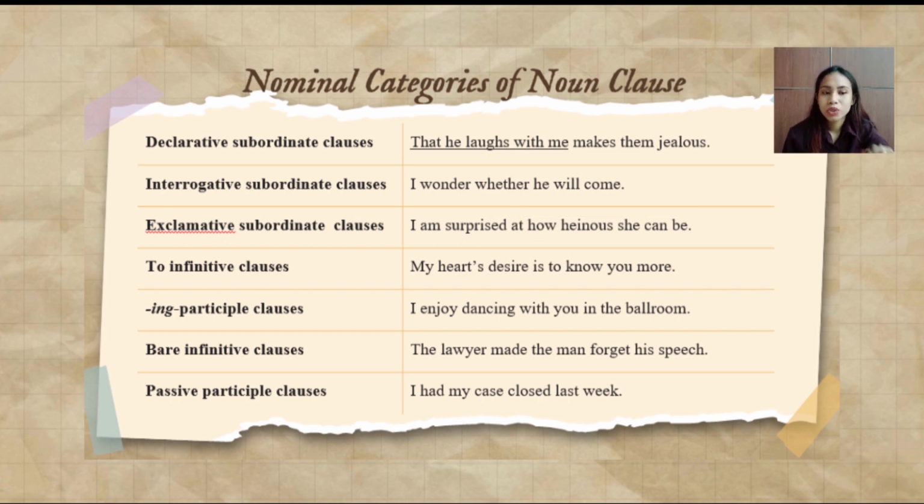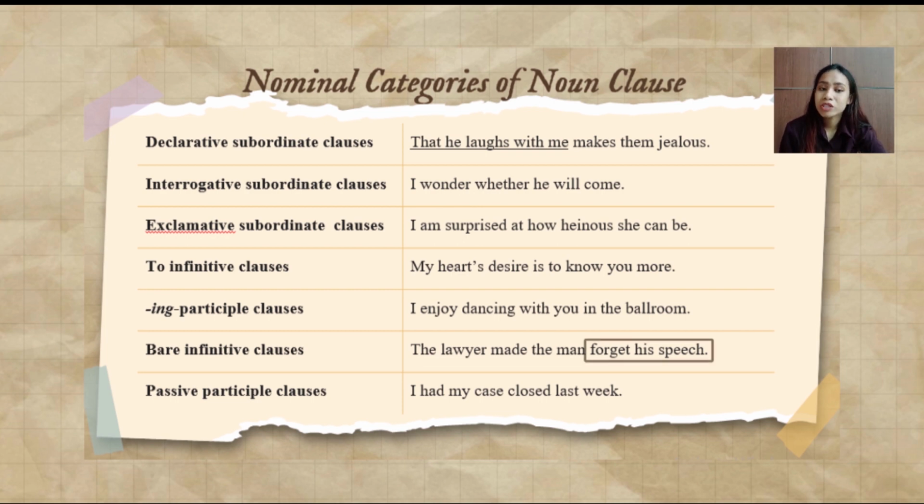The next one, to-infinitive clauses. My heart's desire is to know you more. To know you more here is known as to-infinitive clause. The next one, -ing participle clauses. I enjoy dancing with you in the ballroom. Dancing with you in the ballroom here is known as -ing participle clause. The next one, bare infinitive clauses. The lawyer made the man forget his speech.